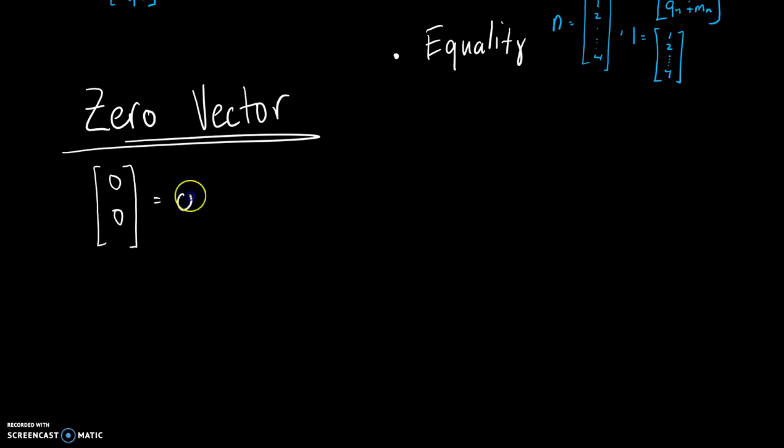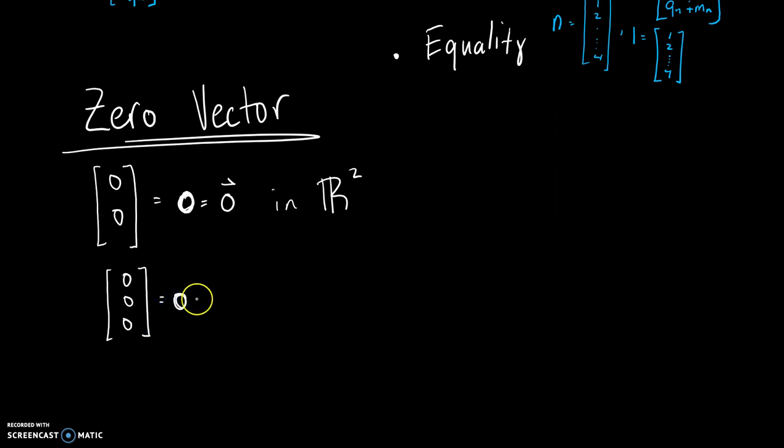You might see it with a bold-faced font, or you might see it with an arrow on the top, like I was mentioning in an earlier video, to denote that it is a vector. So this is in R2. As you might have guessed, in R3 we just have 3 zeros. So this is also equal to the zero vector in R3.